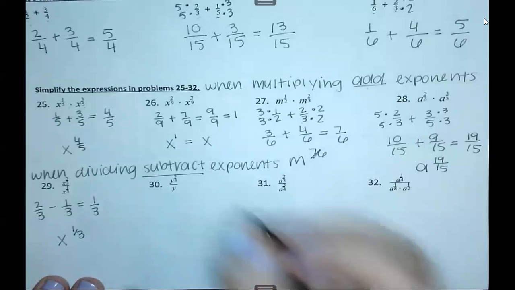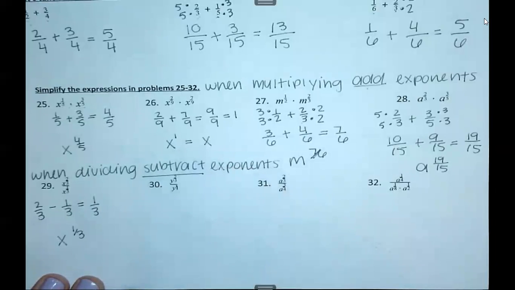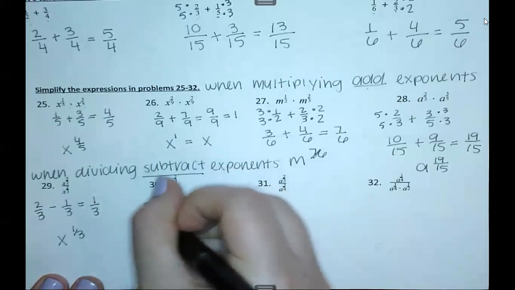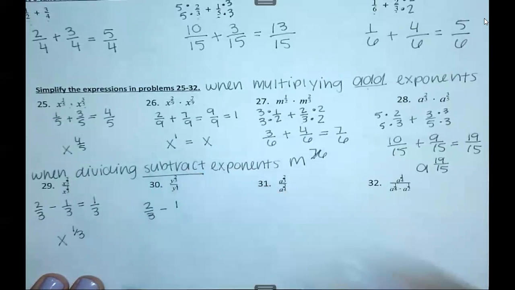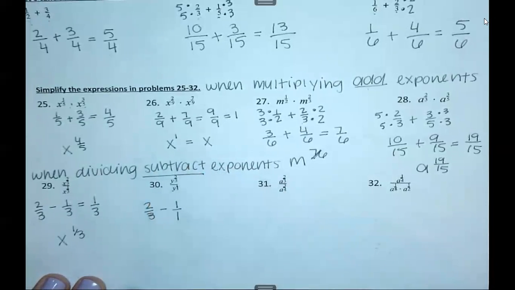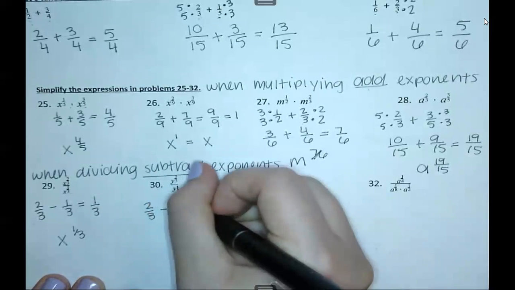Okay. On number 30, the exponent in the bottom is not written, so it's an understood 1. So we are supposed to be subtracting 2/3 minus 1. Now this is not a fraction, but we could rewrite it as 1 over 1. And we need that common denominator. So I could turn 1 into 3 by multiplying by 3.